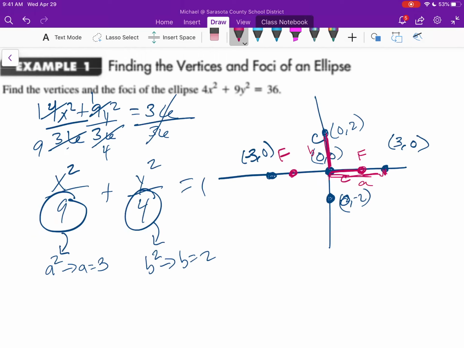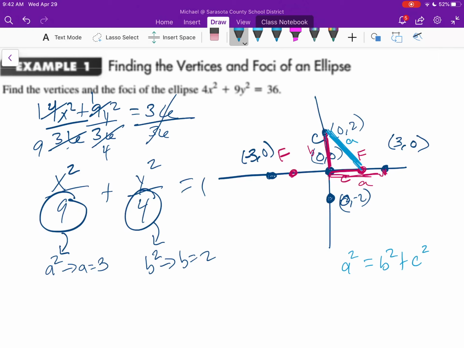What ends up being true is that this same lowercase a is the same distance from C to F. So we get a squared is equal to b squared plus c squared.